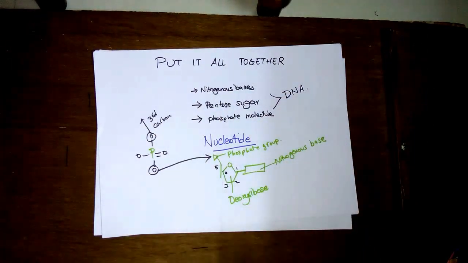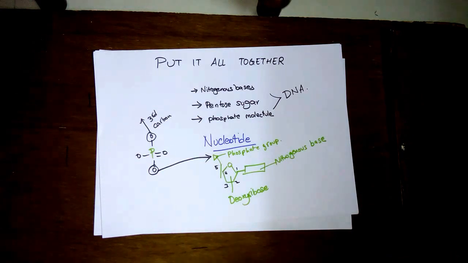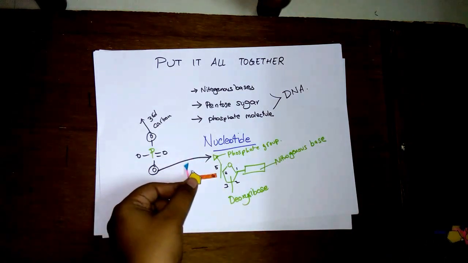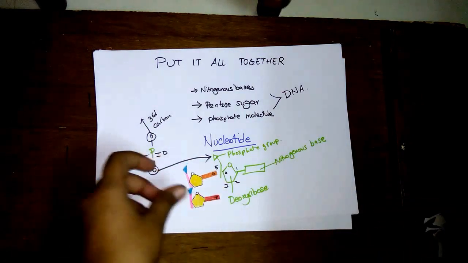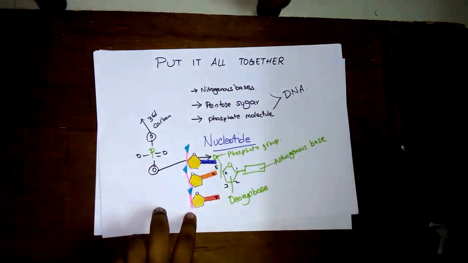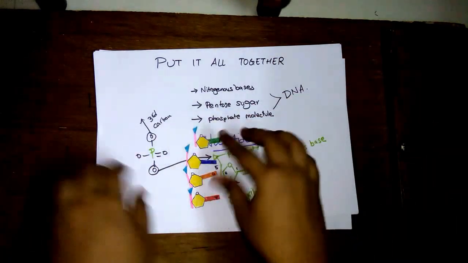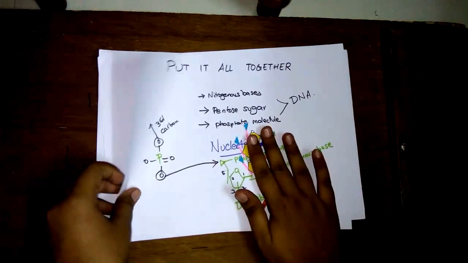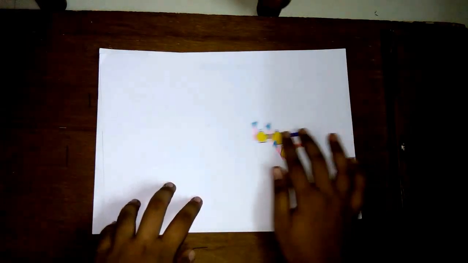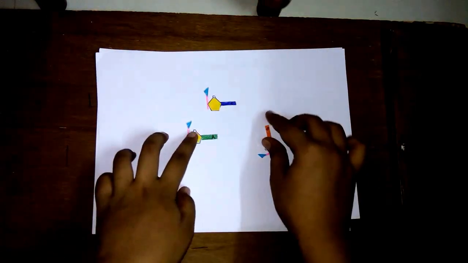So if you want to visualize it, I've got some of these tiny nucleotides that I've made, and actually let me clear this paper up. So on a clear paper, these are the nucleotides that I have made.